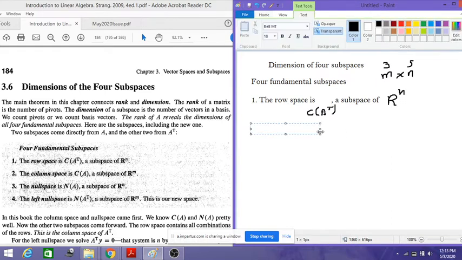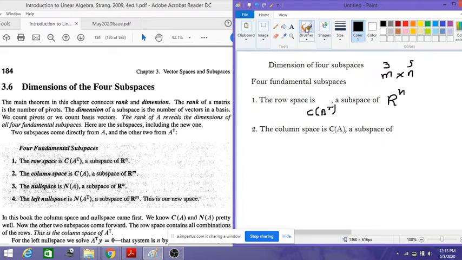Now let us write the second point. Now we'll talk about the column space. The column space is C of A. It is just the matrix A, and we take its columns, and it is a subspace of the row dimension.